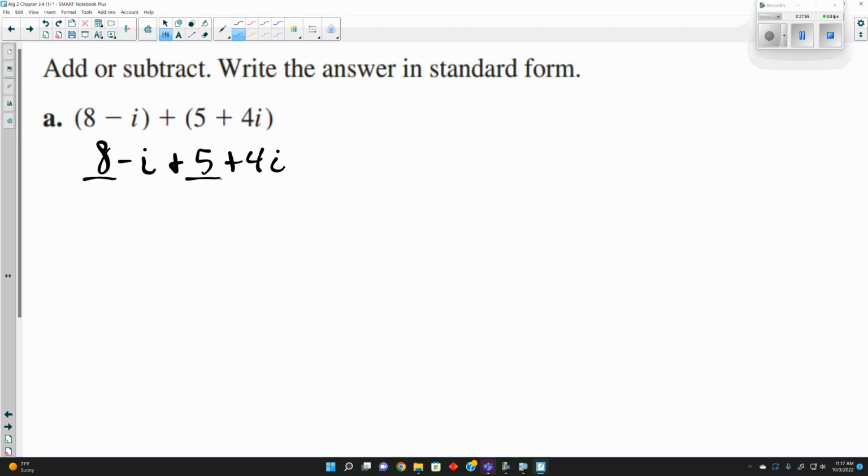So we're going to add those together, 8 plus 5. Then we can add the imaginary parts, 4i minus i. What is 8 plus 5? 4i minus i. 4 minus 1 is positive 3.